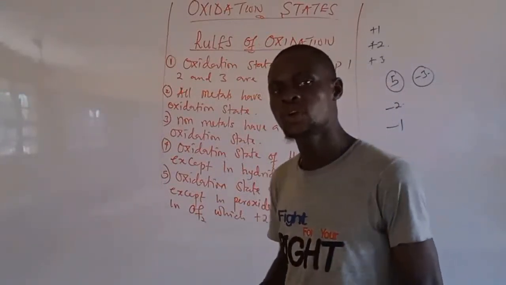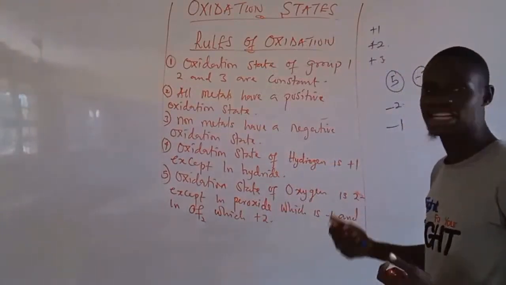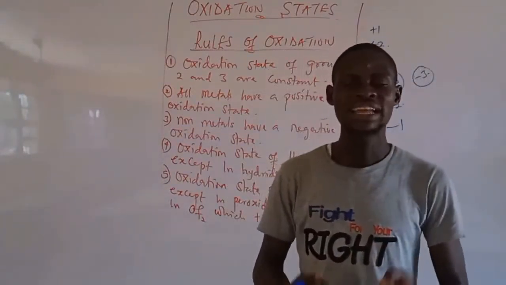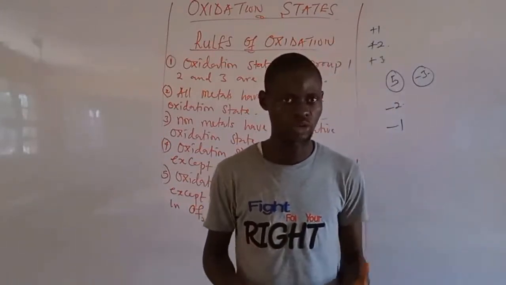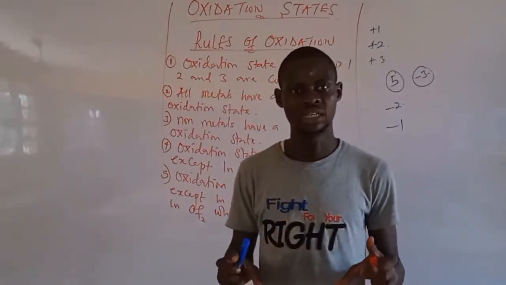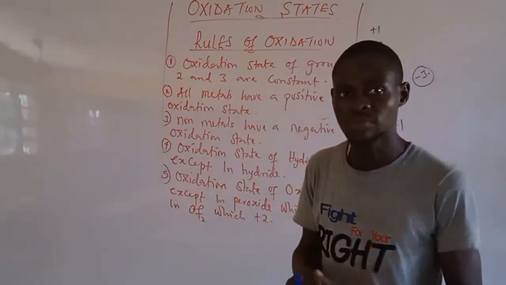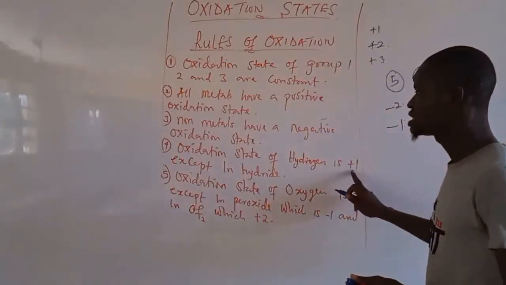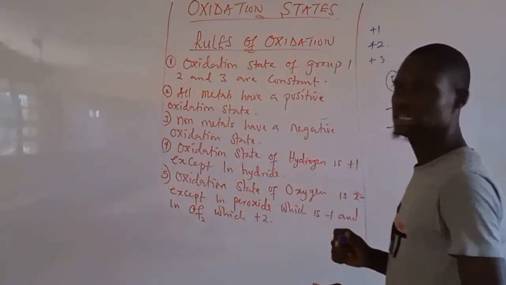When hydrogen is found in a hydride, a hydride is always formed when hydrogen reacts with metals. So in the hydride, the oxidation state of hydrogen is not +1 anymore. It is now -1 in its hydride.